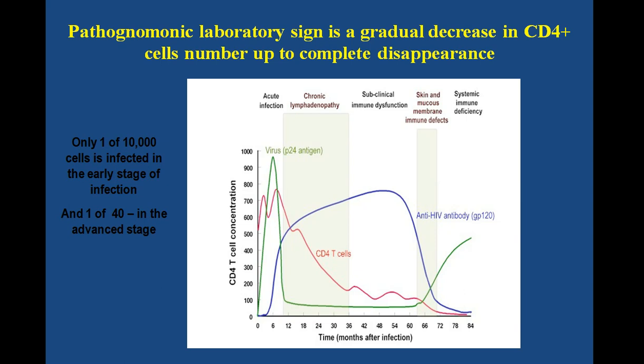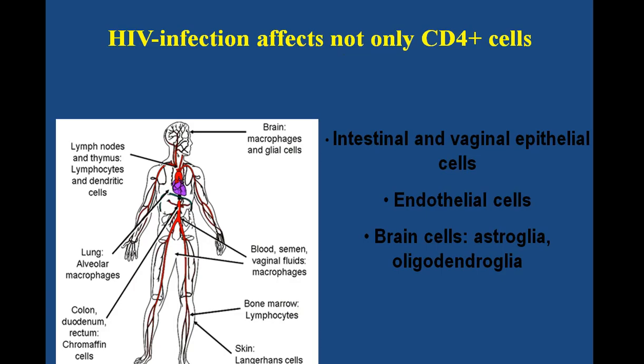So you see on this page the pathognomonic laboratory sign: a gradual decrease in CD4 cell number in T lymphocytes up to complete disappearance. You see it in this picture. It's a very sad picture.